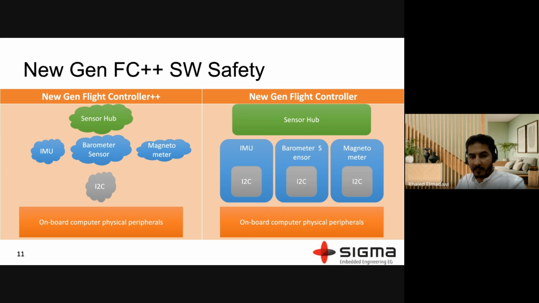And then one more feature is software safety.